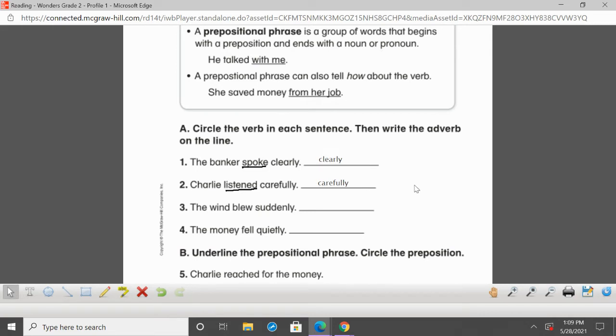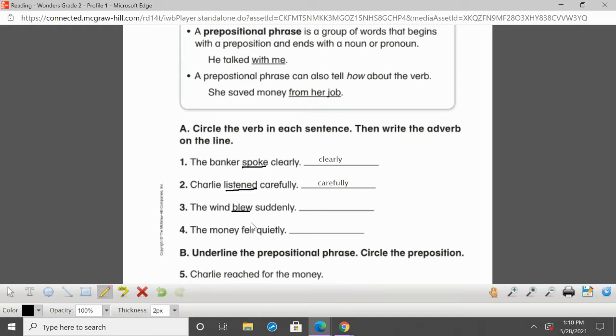All right, let's look at number 3. The wind blew suddenly. Can you yell out what our verb is in this sentence? Blew. Oh, I almost just gave the answer. Let me hear you. Yeah, blew. Good. So blew is our verb. Now, what's our adverb? What word describes how the wind blew?